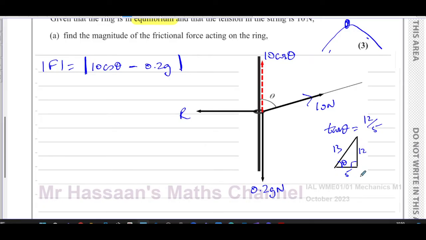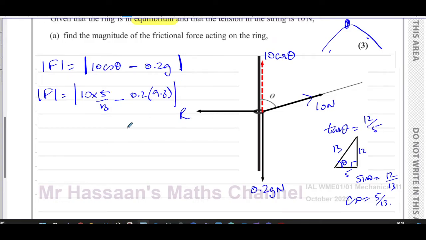So the sine of theta will be opposite over hypotenuse, 12 over 13, and the cosine of theta is adjacent over hypotenuse, which is 5 over 13. So the magnitude of the frictional force is going to be the magnitude of 10 times 5 over 13 minus 0.2 times 9.8.